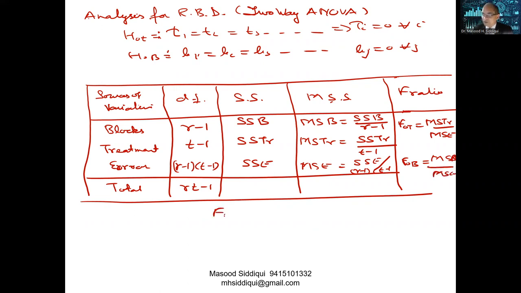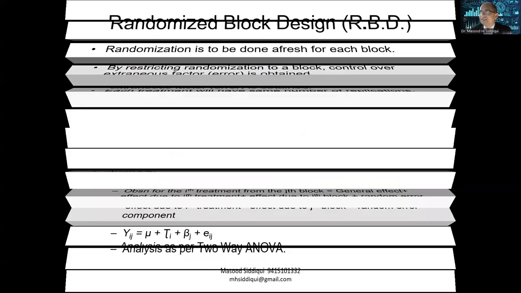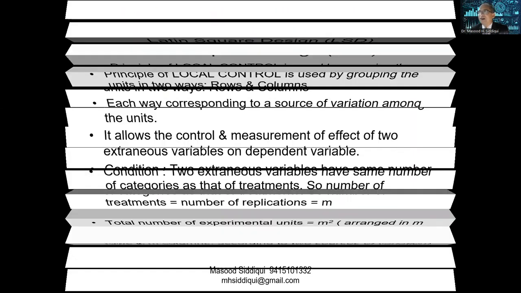Now F0T follows an F distribution with T minus 1 degrees of freedom in the numerator for MSTR, and (R minus 1) into (T minus 1) for the error. And accordingly, we decide whether to accept or reject the hypothesis. Okay, so this is the analysis that we discussed related to RBD.